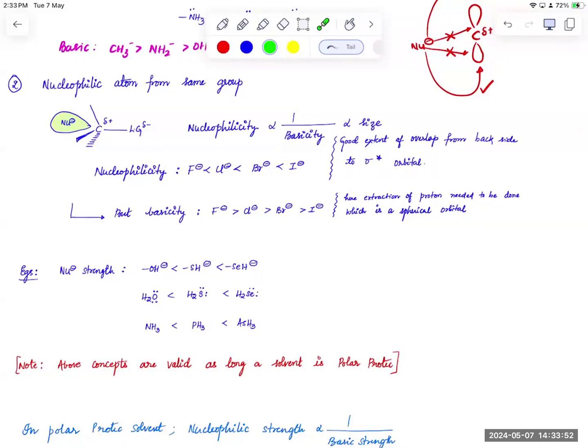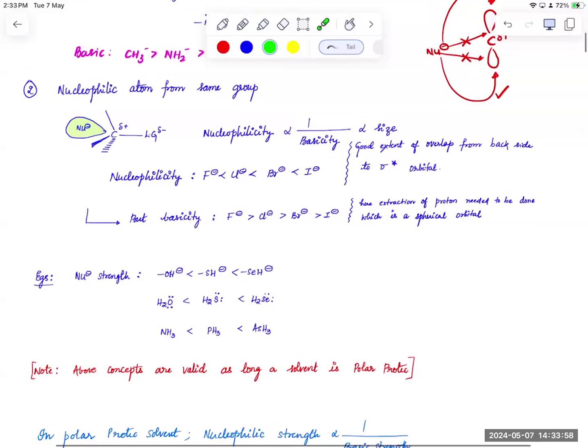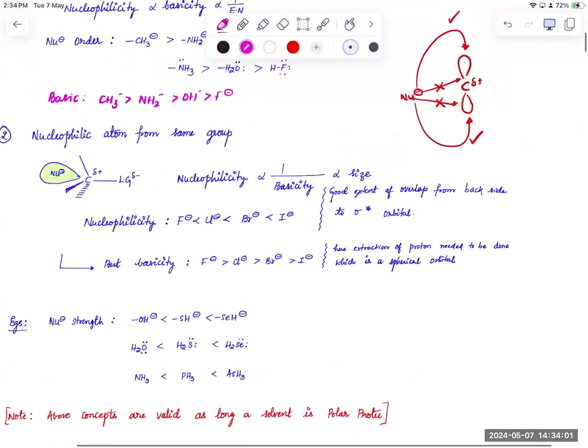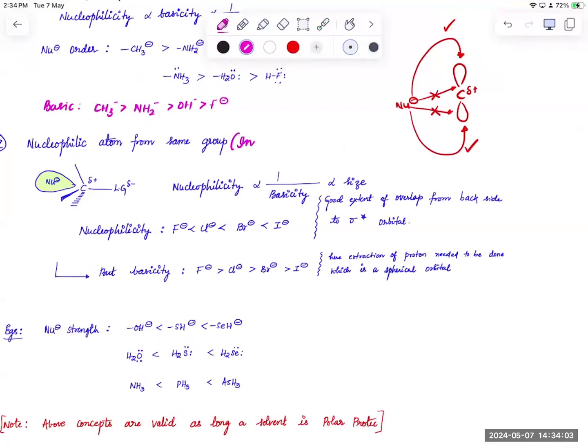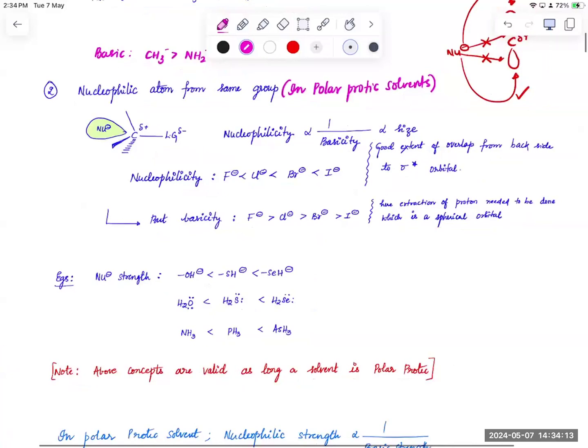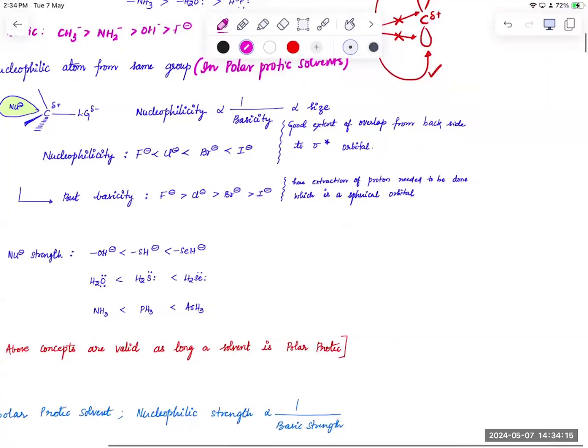This ability is based upon the solvent only. If you change the solvent, then it is different. Whatever I am discussing here is particularly in polar protic solvents only. In polar protic solvents, fluorine will be strongly solvated by water molecules.